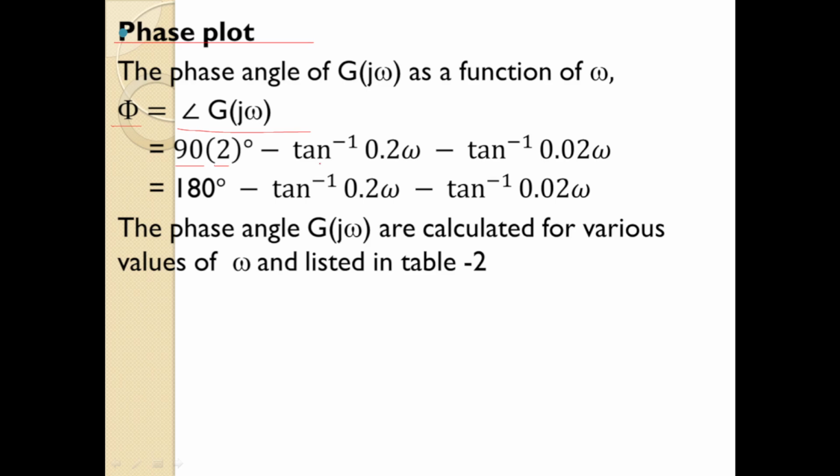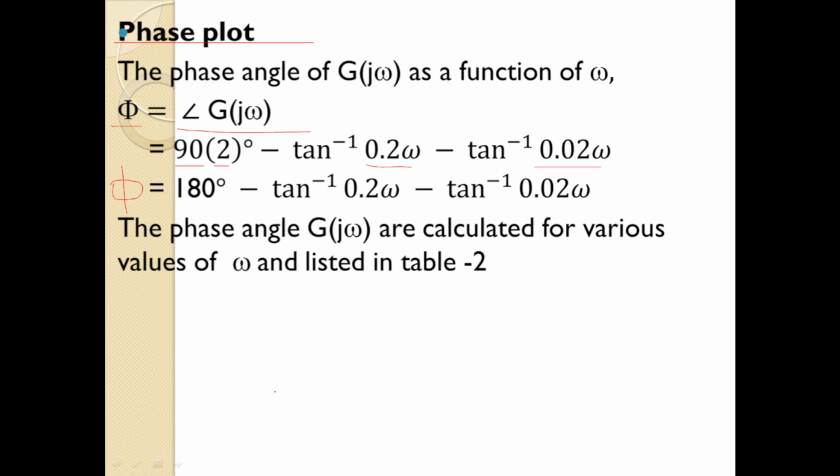In the denominator there is a first order factor 1 by j omega T, where T is 0.2, so minus tan inverse of 0.2 omega. One more first order factor gives minus tan inverse of 0.02 omega. Just solve it and you will get phi equal to 180 minus tan inverse of 0.2 omega minus tan inverse of 0.02 omega.